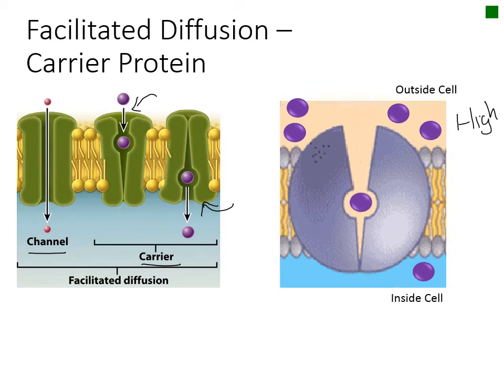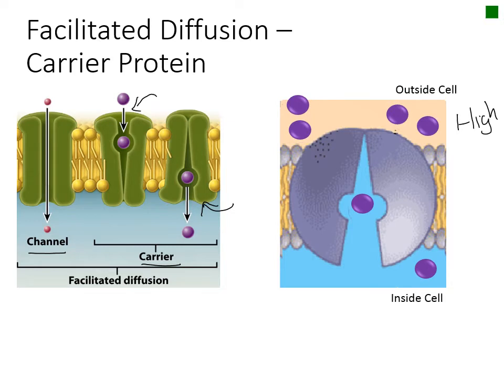Once it enters the protein, it causes a conformational change in the protein, which changes its shape, making it open to the other side of the membrane. Once the protein opens to the other side of the membrane, the molecule is able to diffuse out, causing it to have transported across the lipid bilayer. Carrier proteins will only transport specific molecules that are able to bind to their interior site and cause a conformational change.